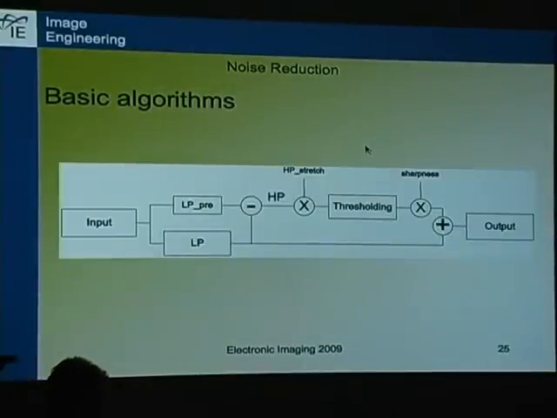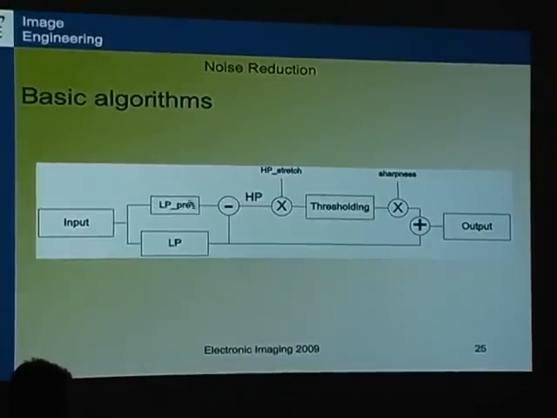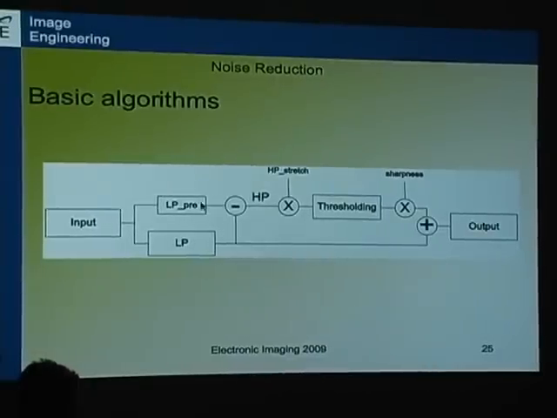That's usually a proprietary thing. They all work in about the same way. So you have an input image, you take the low-pass filtered image, and then you take the high-frequency part of that, you modify it in a certain way, put these two together, and you get an output image.